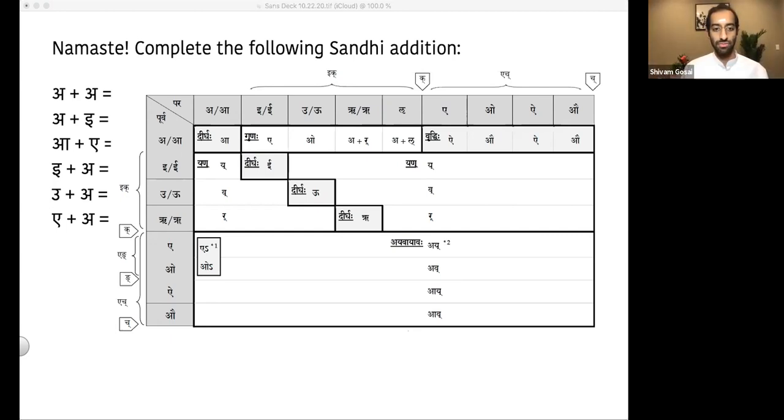I understand. Oh, you got muted for some reason. But no, I understood that. Basically, it says when you have Avarna and Ach. Really, what we need to know there is not Avarna plus Ach, it's Avarna plus Ik. Correct, plus Ik. Yeah, so I, U, R, L. The reason why it says Avarna plus Ach is because the original sutra says that. And then what happens is there's a lot of exceptions.